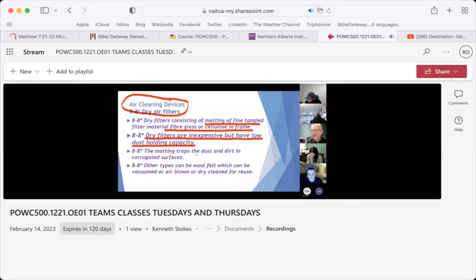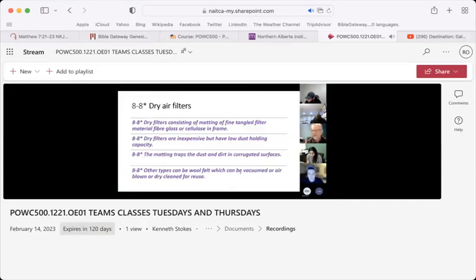The matting will trap the dust, some dust and things like dirt in corrugated surfaces. Dry air filter doesn't mean throwaway. Typically they are, but they could be made of some kind of wool felt or cellulose felt, and then vacuumed or cleaned or dry cleaned or washed out to replace them.